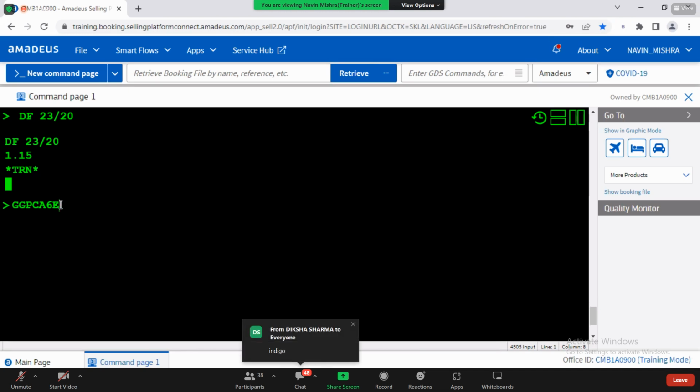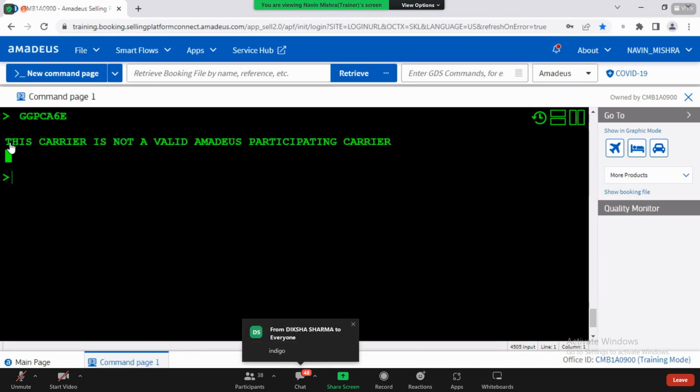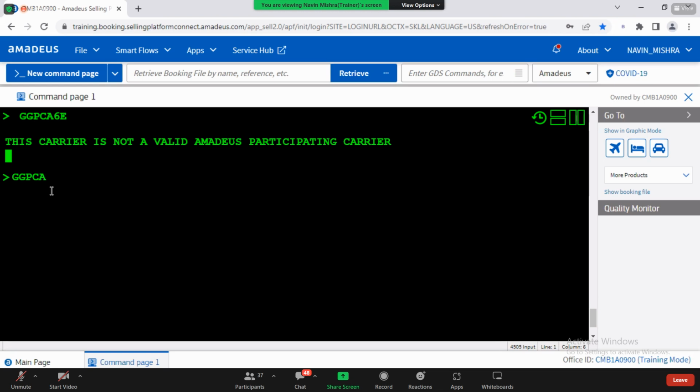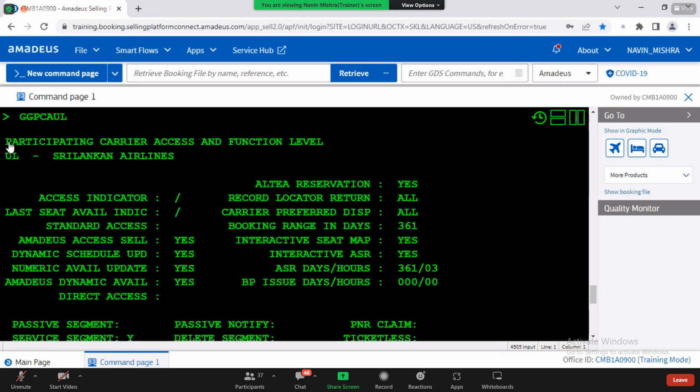If I press enter, it will give the answer that this carrier is not a valid Amadeus participating carrier, which means we are not able to book IndiGo Airlines through Amadeus. Now, if I perform GGPCA and enter UL and press enter, it tells me it is a participating carrier.